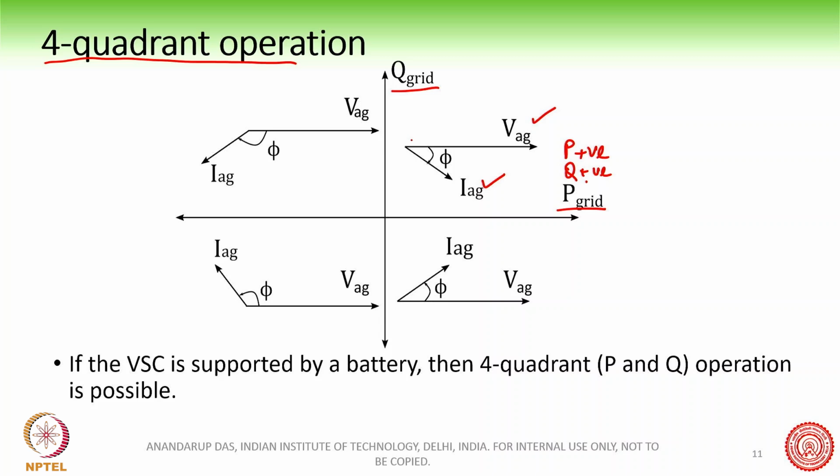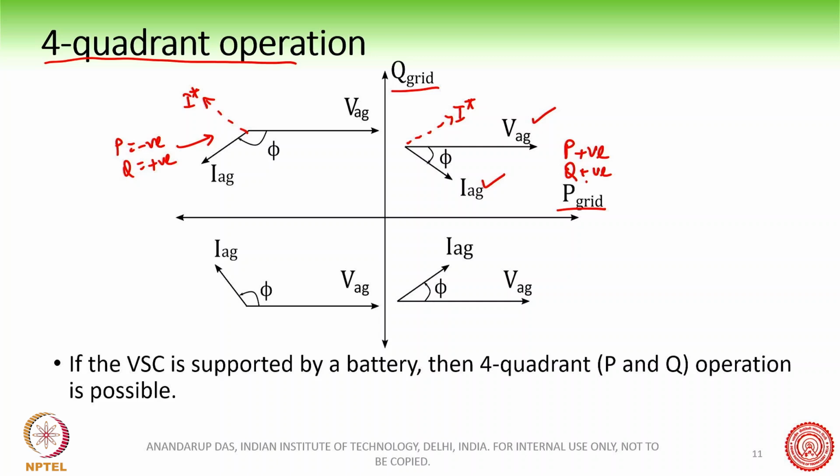I star means I comes here, and therefore P is positive and Q is positive. Similarly here, if you see PI star, then the PI star is here, and therefore P is negative and Q is positive. So this is how it will happen. You can find it out yourself, right?